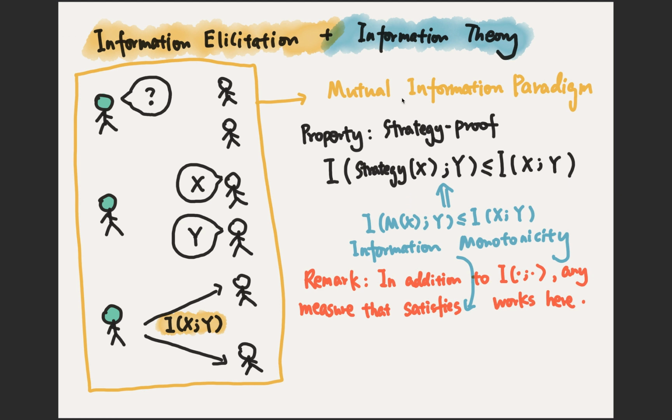In this case, we can guarantee that the participants will report their original information truthfully. And moreover, in addition to the channel mutual information, any information measure that satisfies information monotonicity can induce this strategy-proof property here.